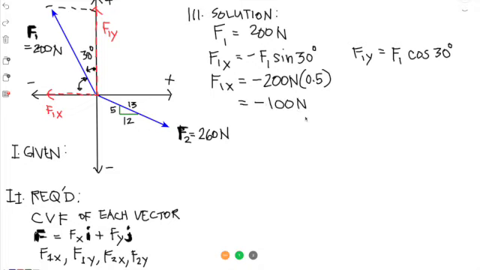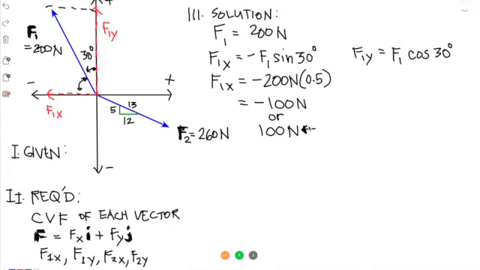So there are two ways to write the value for f1x here. Either we keep it as negative 100 newtons, or we can write positive 100 newtons but going to the left, which means it's negative. Okay, so we can write it down that way.